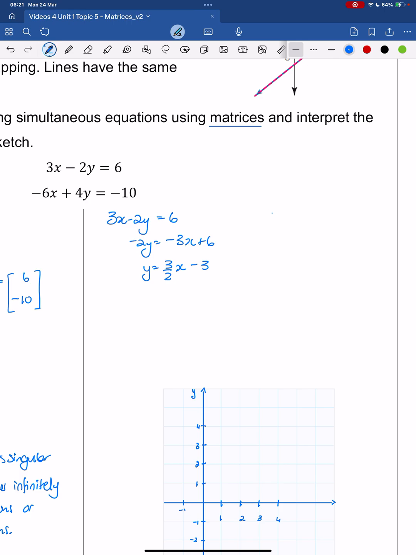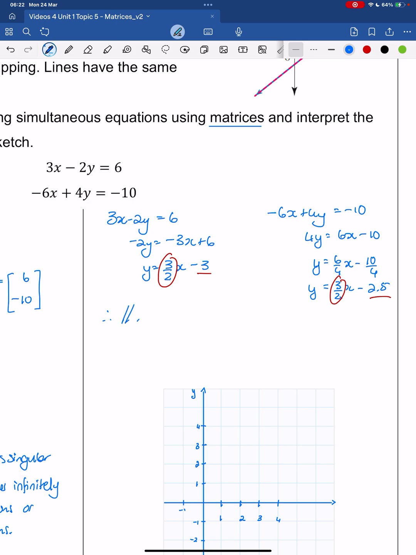And if we have a look at this one here, negative 6x plus 4y is negative 10. 4y will be 6x minus 10, and y will be 6 on 4x minus 10 on 4, and I can simplify that to 3 on 2x minus 2.5. Now what I want you to notice here is that these two lines both have the same gradient, different y-intercepts, so therefore they are parallel lines, and that means I've got no solution.